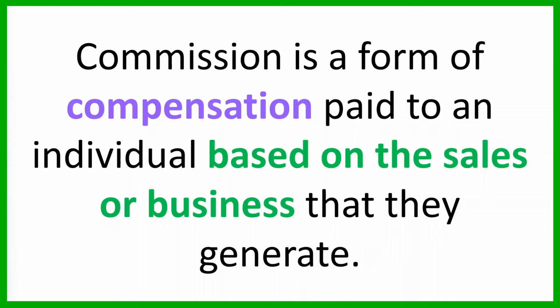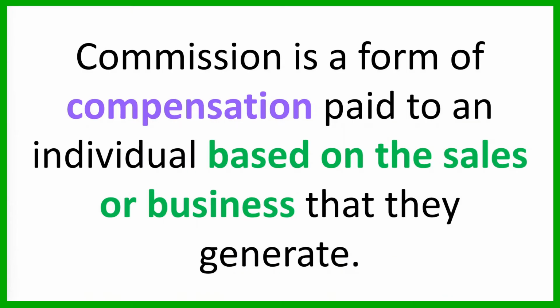It is based on the amount of sales or business that they generate. So if they make more sales, they make more money. If they bring in more business, they make more money. So commission is not a set amount of income that you're going to get. It's income that you make based on the amount of sales or business that you generate.